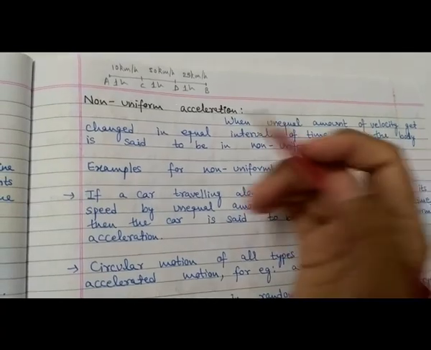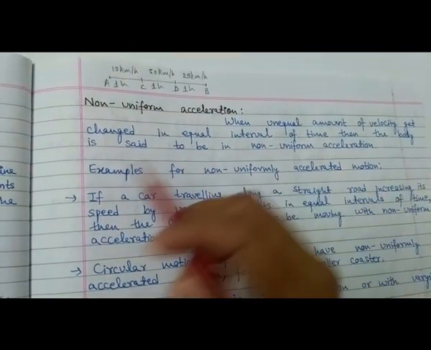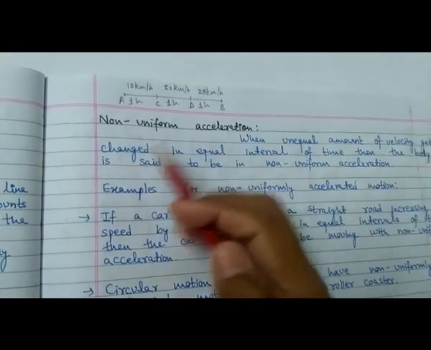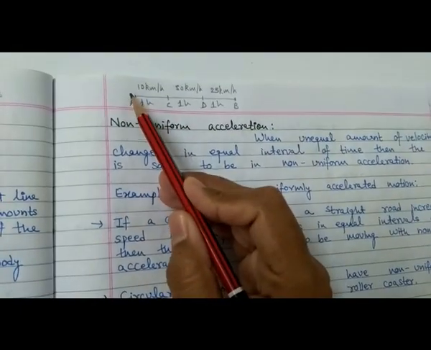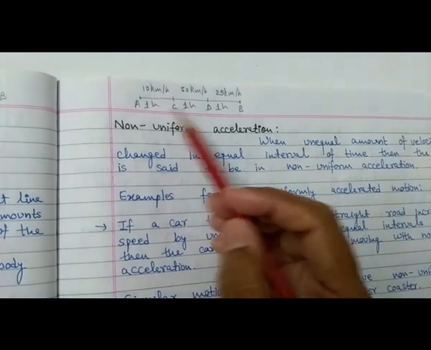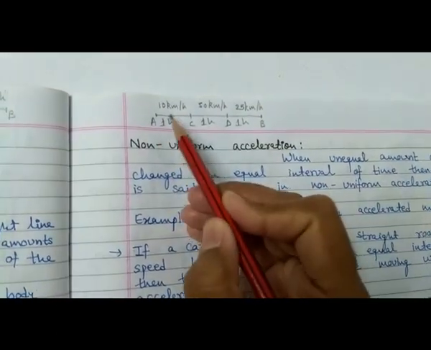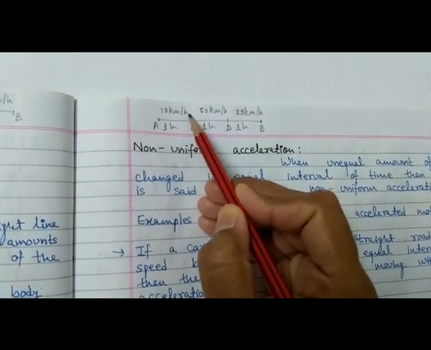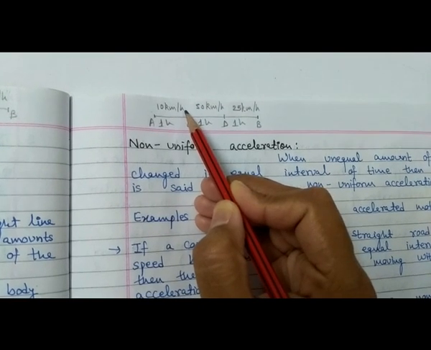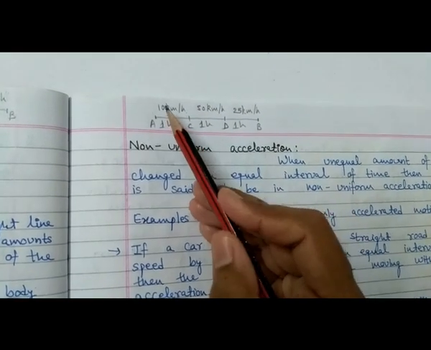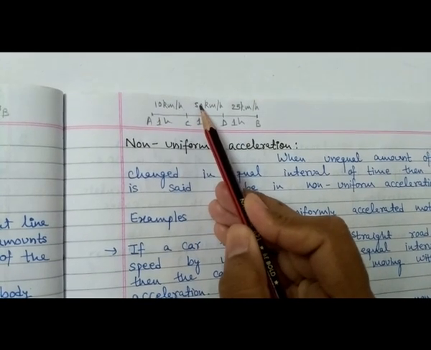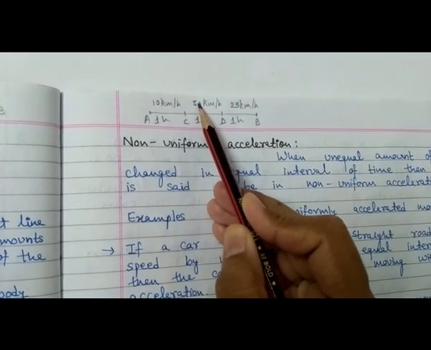Okay. Now, non-uniform acceleration. First, consider the example again. The car is moving from A to B. Now here, first the car was at 10 kilometer per hour velocity. Then later the car has raised its velocity to 50 kilometer per hour.